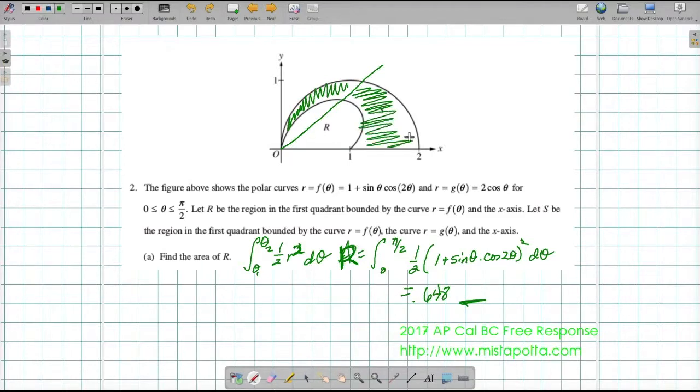Now obviously I've drawn a very poor line as an initial guess, but if this ray, theta equals k, is my dividing line, then I'm going to have the integral from 0 to k of my outer function, my big R, minus my inner function, let's call this little r, and then I'm going to be doing from theta equals k to theta equals pi over 2, which gets me through the first quadrant.